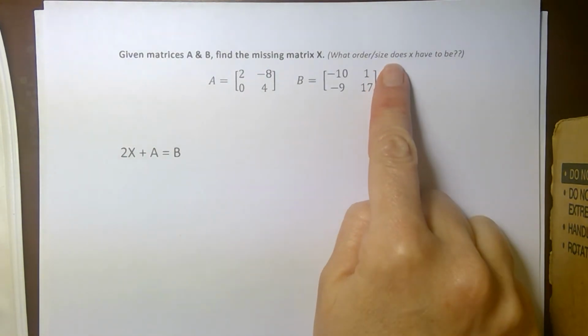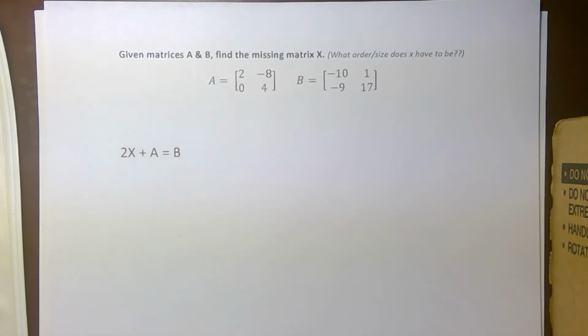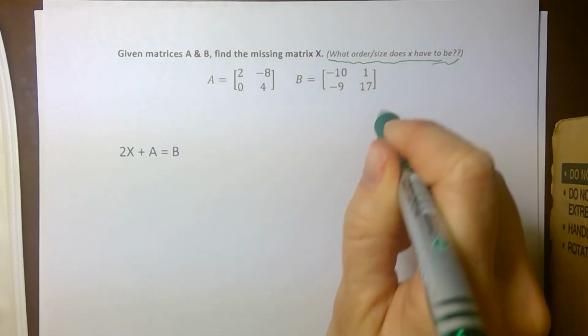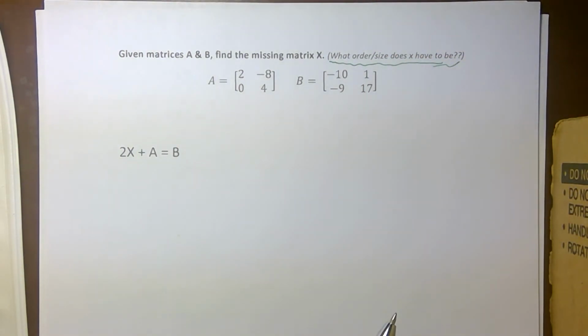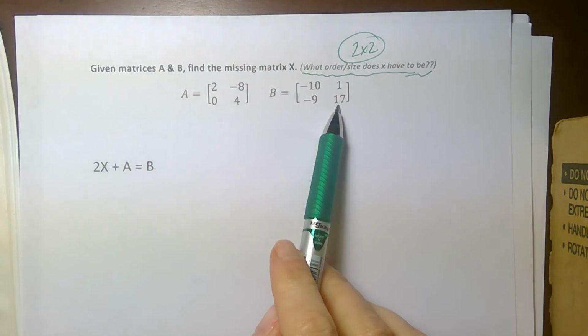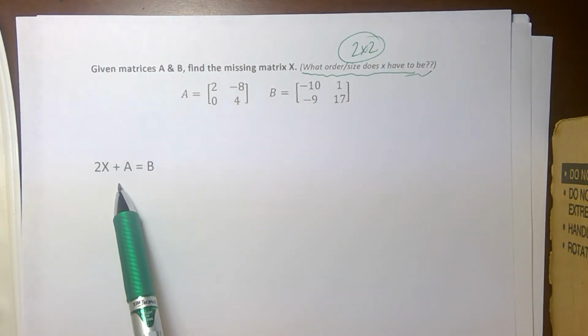Now, we've got a question to think about. As I'm trying to figure out what x will be, what size, what order does x have to be? Well, x in this case has to be a 2 by 2 because A and B are both 2 by 2 matrices. And in order to be able to add and subtract, they all have to be the same size.